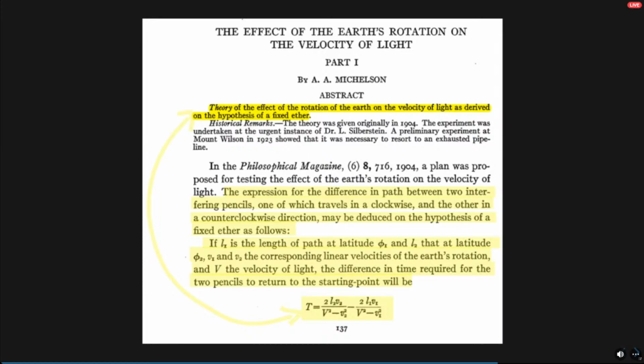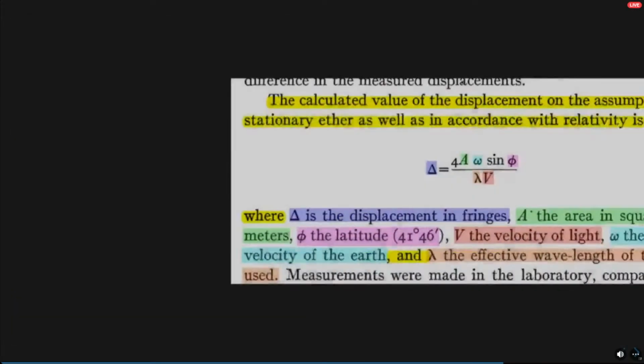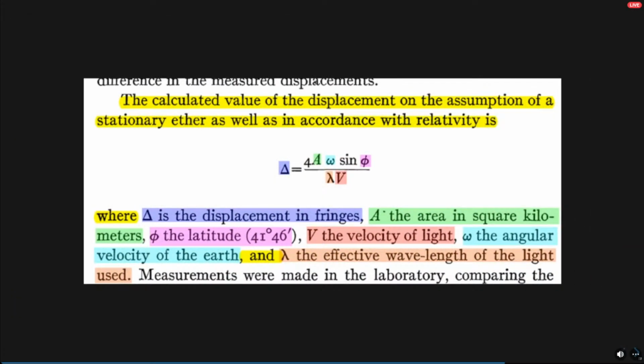So they're basically taking the two counter-propagating beams and measuring the fringe shift, right? They're deriving the fringe shift based off of the full component. Here's a better breakdown of it. We have delta equals 4A omega sine phi over lambda V, right?